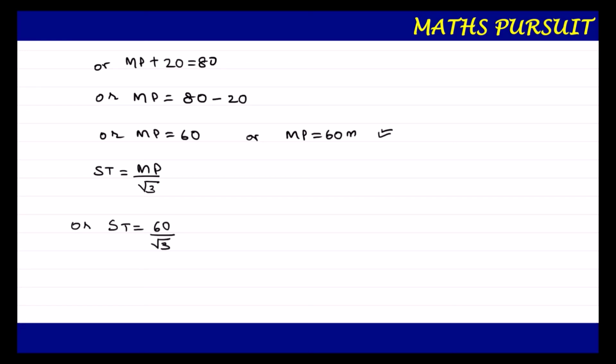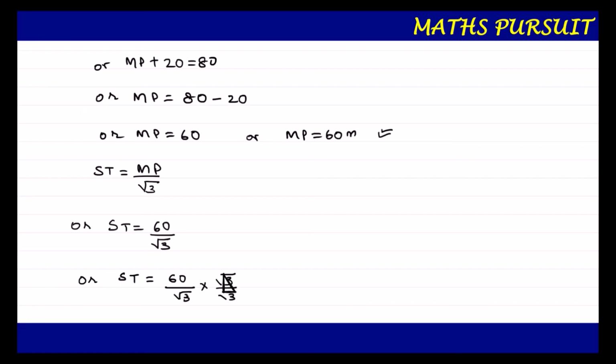Guys, this is our answer. But here usually we should not keep root 3 in the denominator. So now our main attention should be to remove this root 3. How we can remove root 3? Let's see. In order to remove root 3, let us multiply root 3 in the numerator and in the denominator. So 60 upon root 3 into root 3 upon root 3.